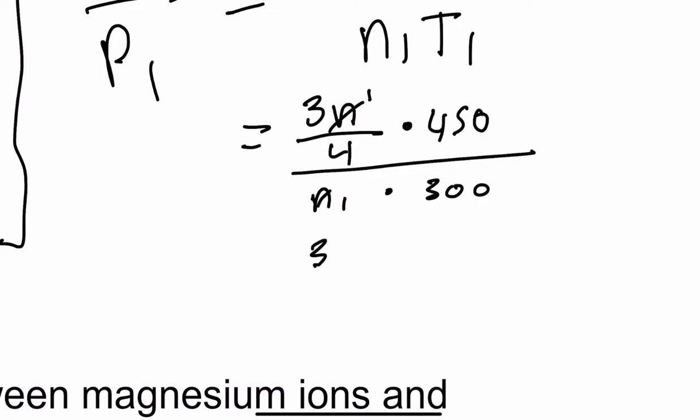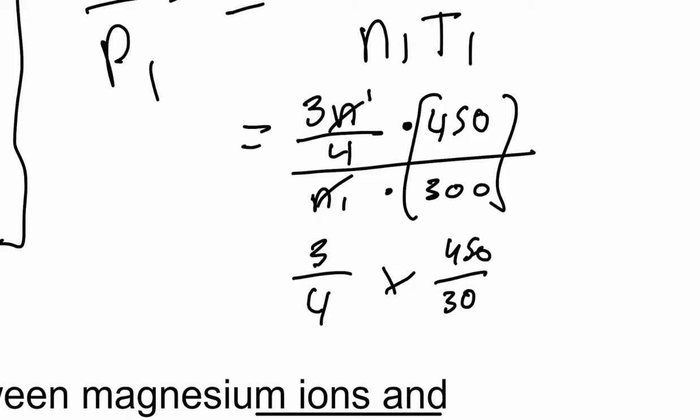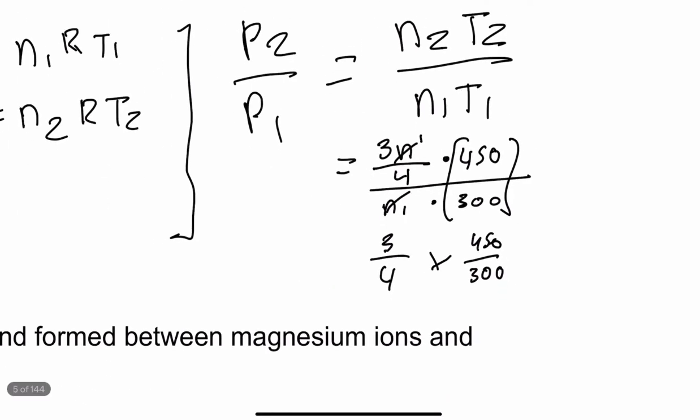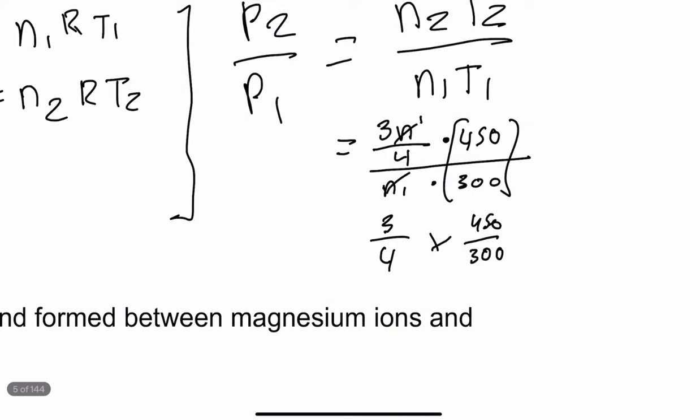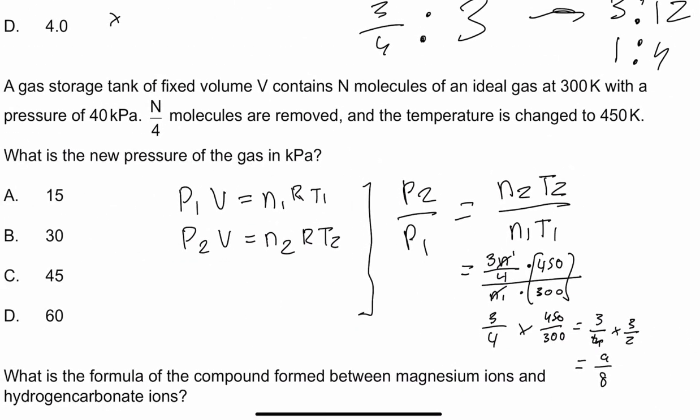These n's will cancel and we'll get 3 over 4 times 450 over 300, okay? And if you can see how this simplifies, it equals 3 over 4 times 3 over 2, yeah? And now we know that's going to be 9 over 8.